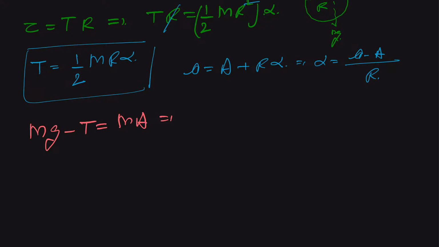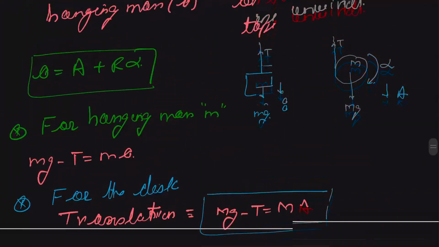Substituting our tension T, we get mg minus half M r alpha is equal to m times a.